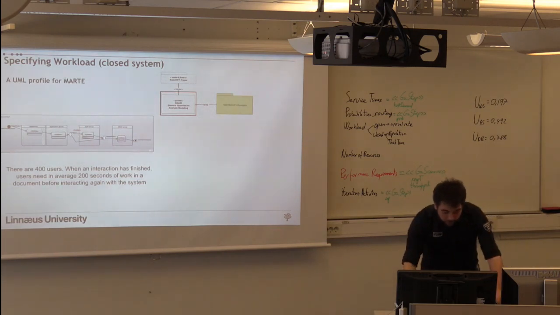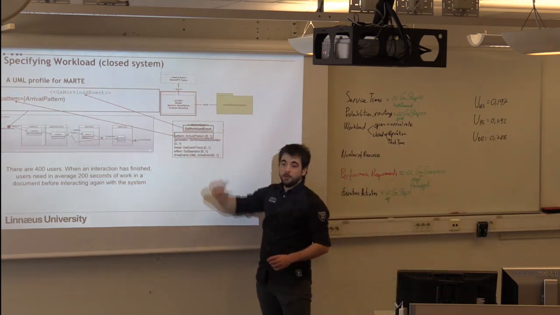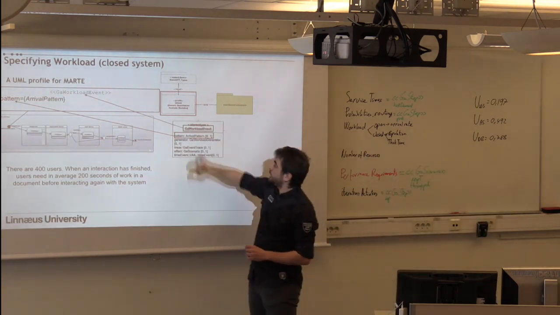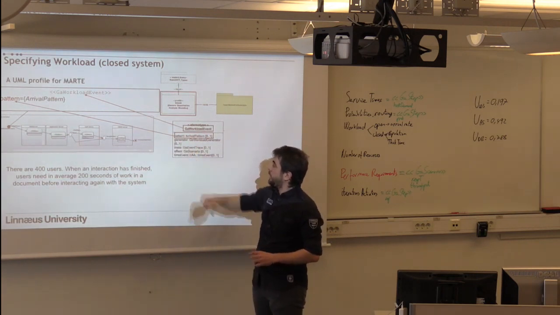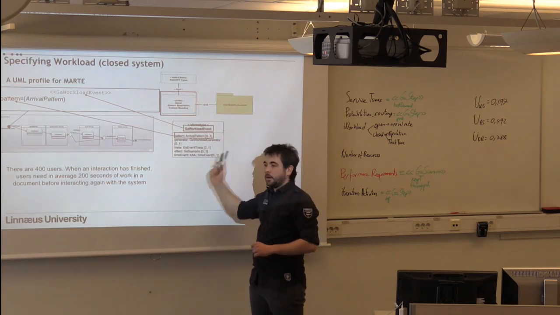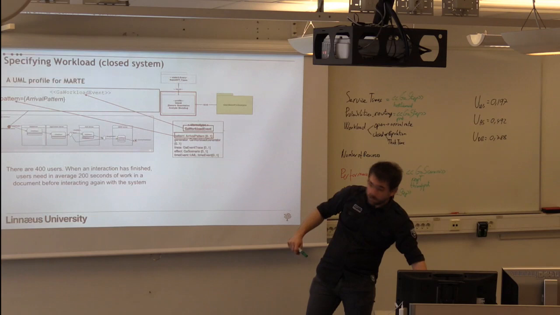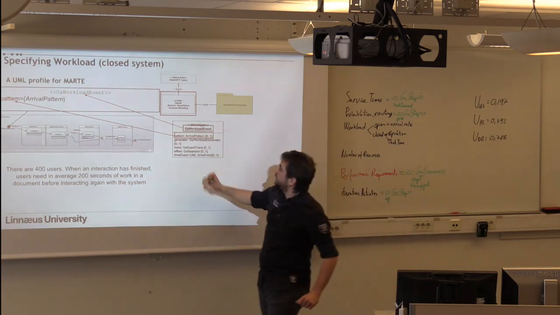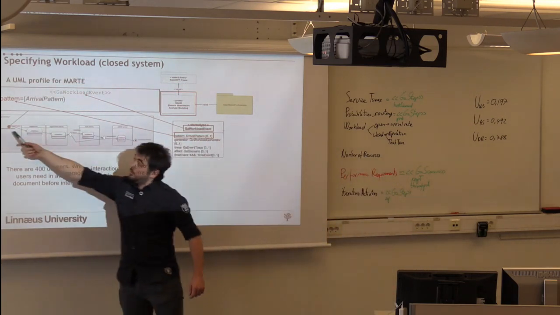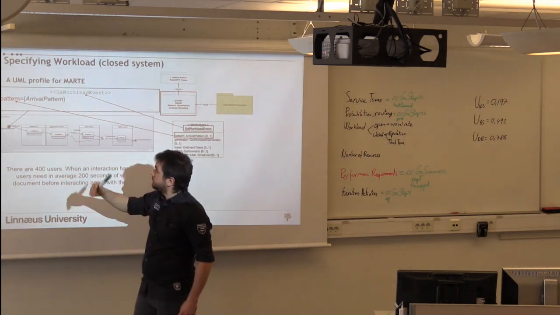So there is another stereotype called GA workload event in the profile that you can specify the pattern. And the pattern is of a kind arrival pattern. That some of the options are open or closed. So we put the workload in the initial node for convention.